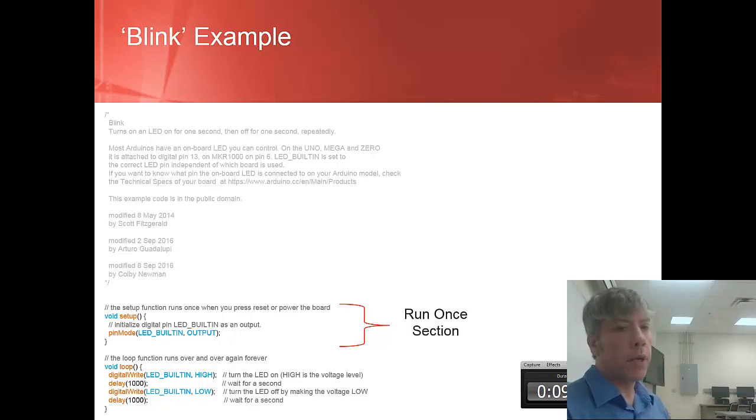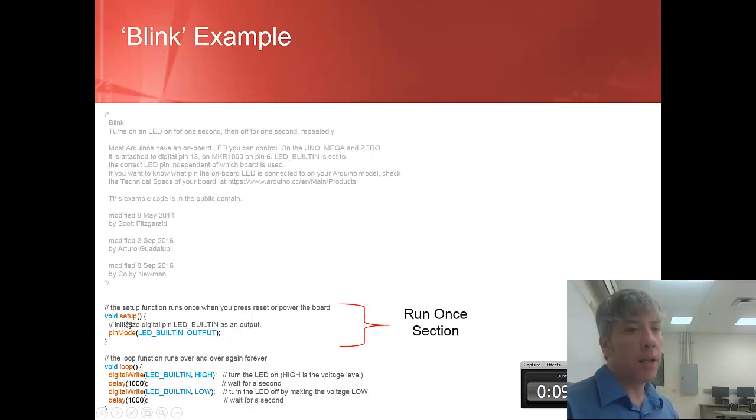So void setup there at the beginning: void is helping the compiler know whether or not you expect this function to return anything, because this function could be called by some other function or some other code. Void just means this function will not return anything. That's all it means. So that's why it's there. It's not that this code is void of any reason. Okay, that's not what that means.